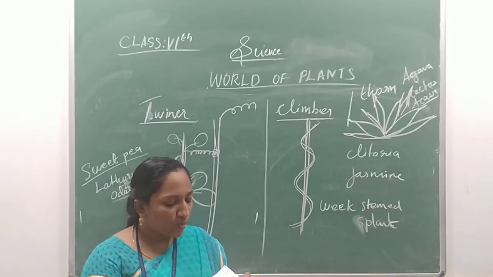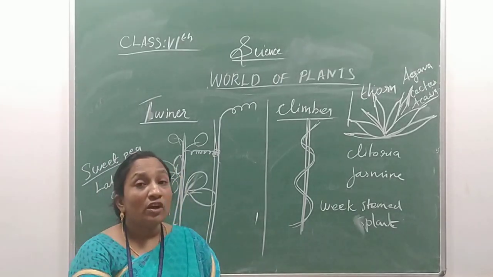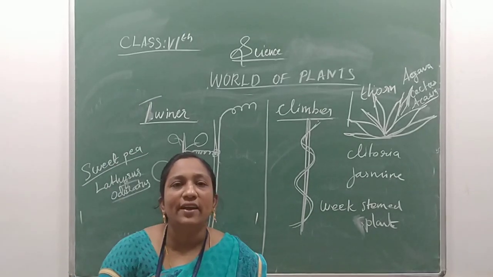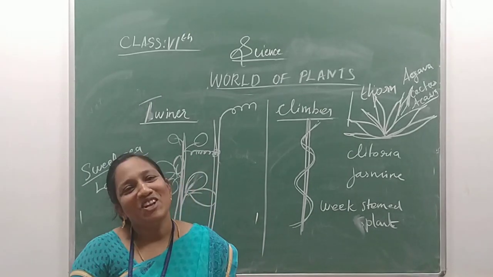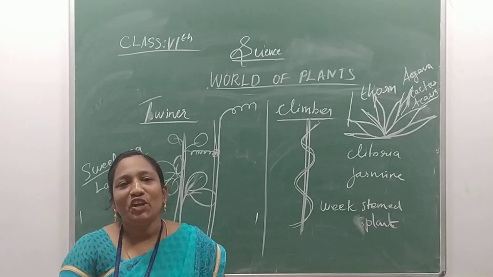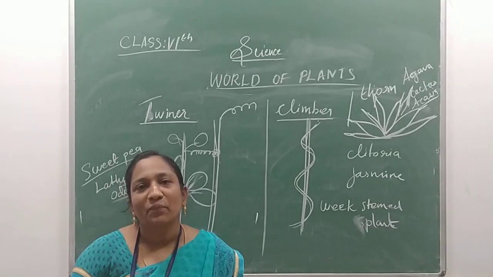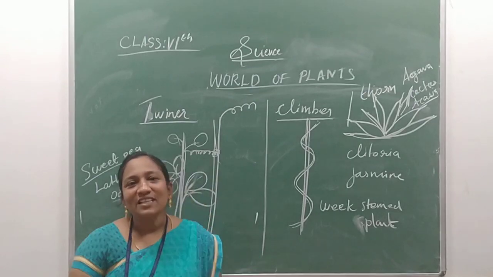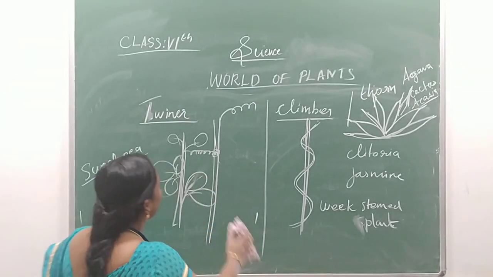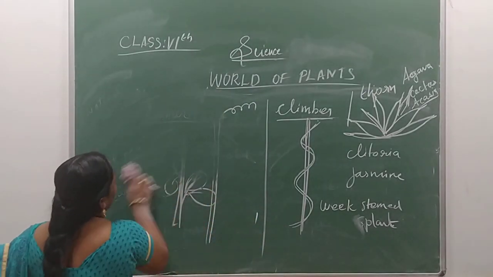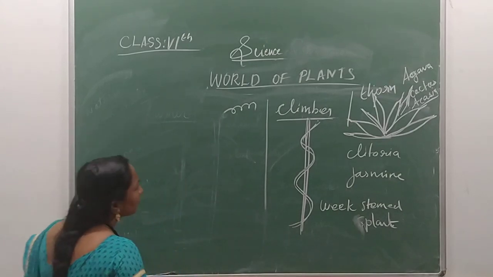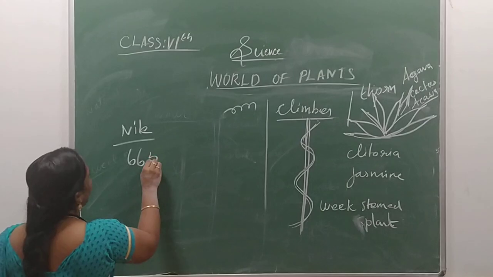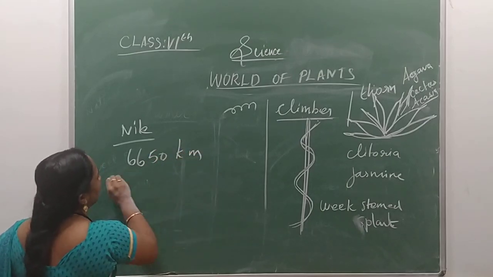Okay. And next one. Do you know which is the longest river in the world? Nile is the longest river in the world. Do you know the length of the Nile river? Length of Nile river is 6,650 kilometer.